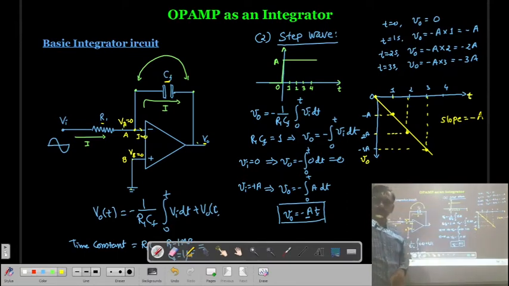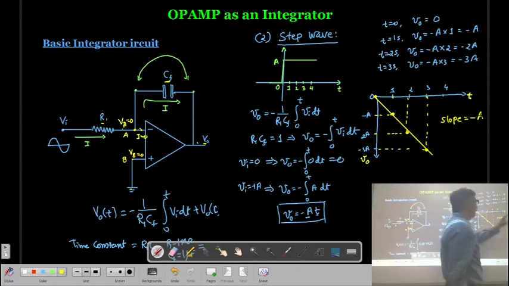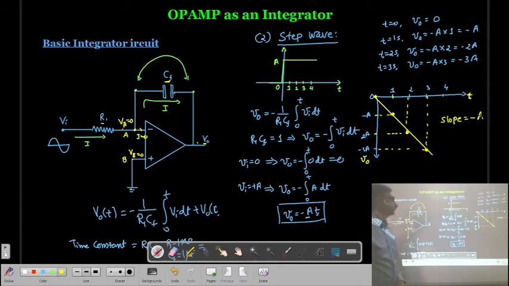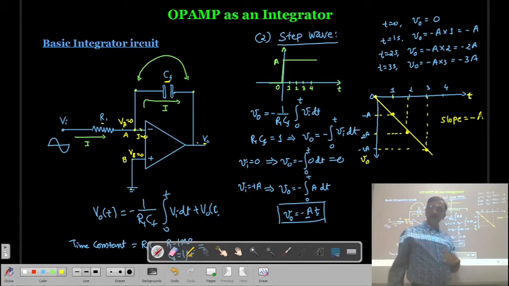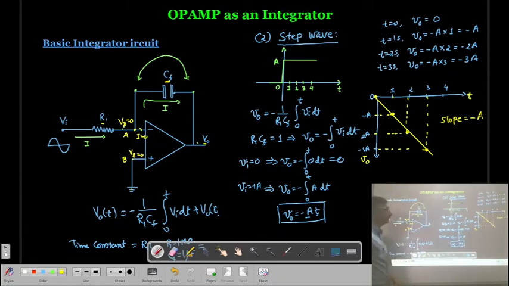Linearly it is decreasing, and the slope of this line is minus A. Remember, if the input voltage is minus A, then the slope of the line will be plus A. So here we have this kind of continuously, linearly changing output voltage with the time t.